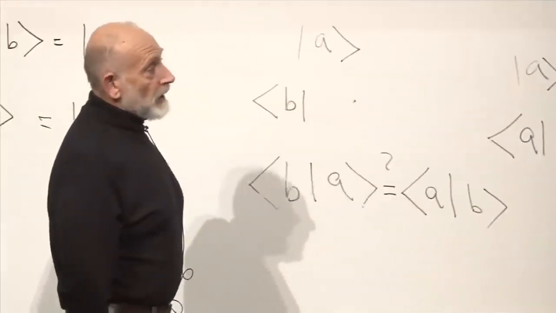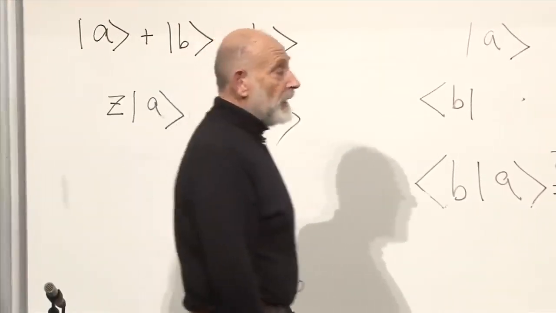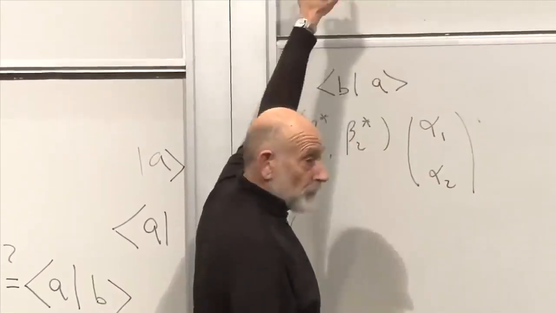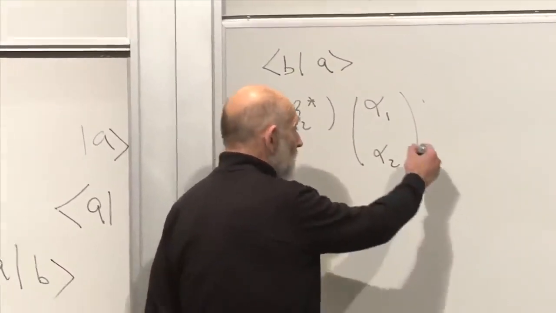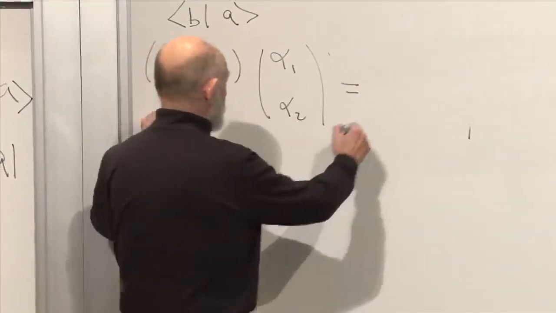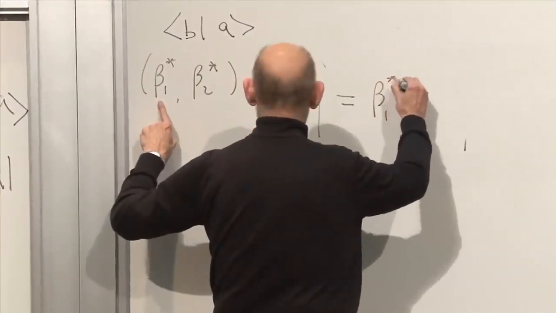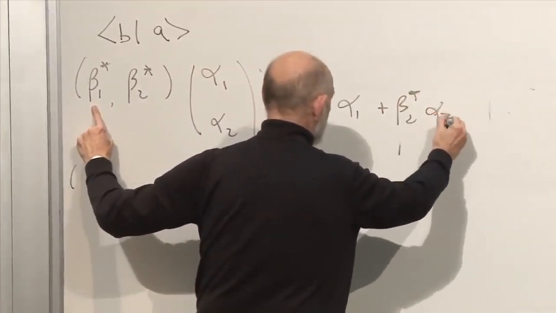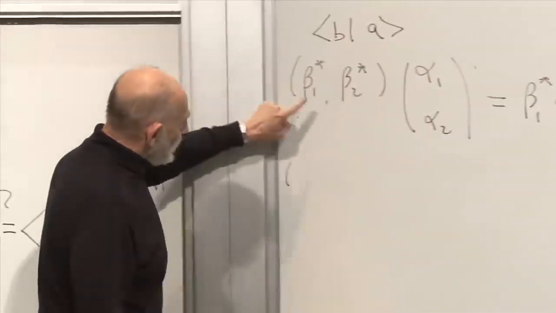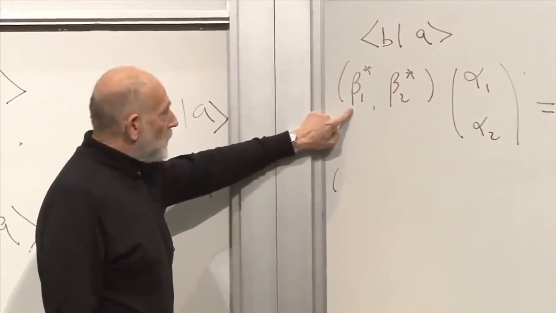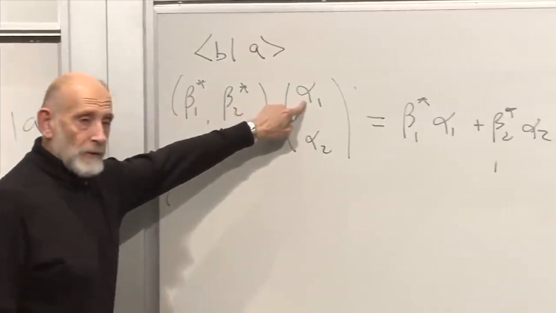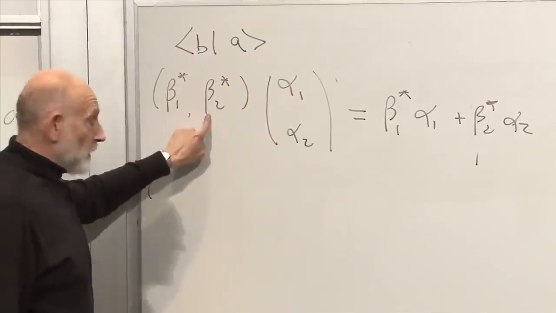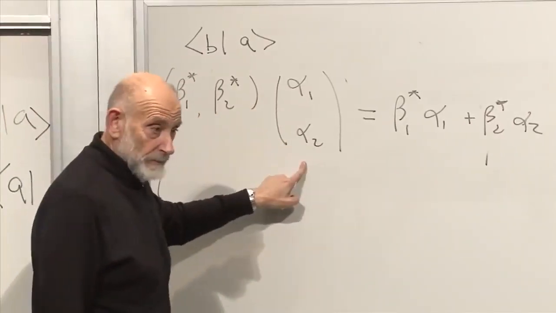All right. I will tell you now what the rule is. Again, we're making up rules which will satisfy those postulates up there. And it's a very simple construction. It's just beta 1 star times alpha 1 plus beta 2 star times alpha 2. In other words, you take the first entry of the dual vector times the first entry of the vector alpha, add it to the second entry times the second entry.